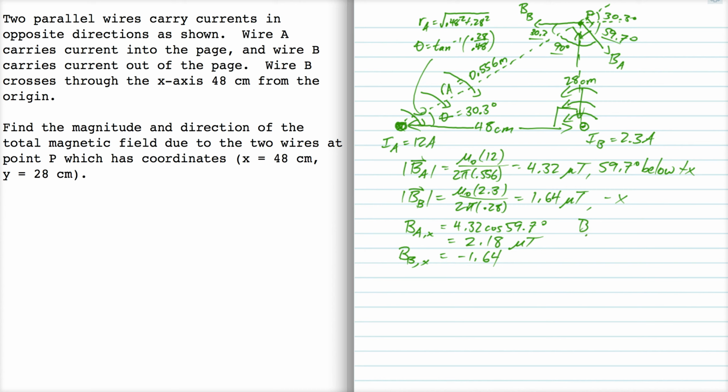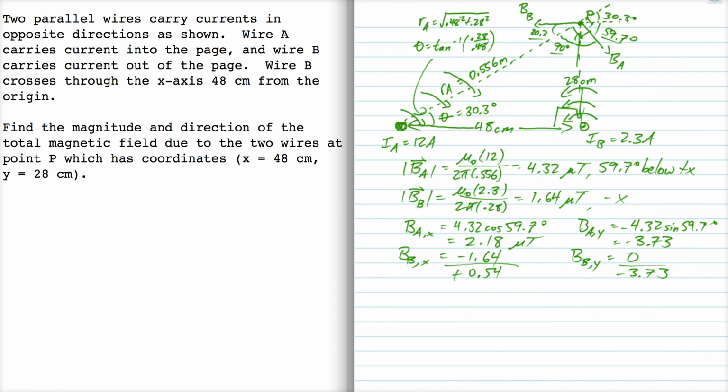The y component of the magnetic field due to wire A is minus 4.32 sine 59.7, which is minus 3.73. And the y component of the magnetic field due to wire B is 0, because the magnetic field due to wire B points in the minus x direction. So if I add these up, this is plus 0.54, and this is minus 3.73. So there's the components of my final vector.